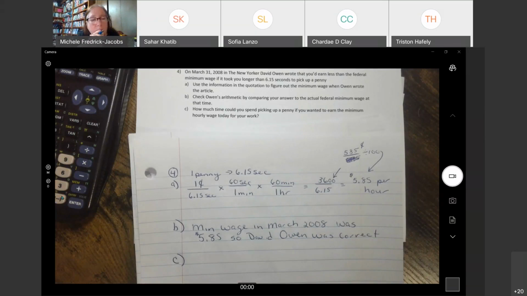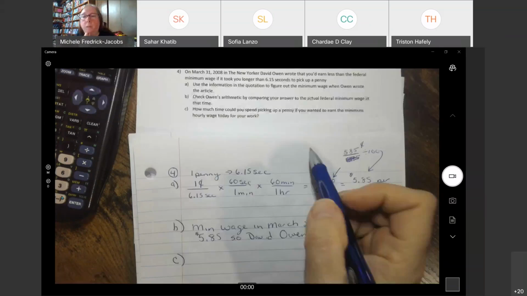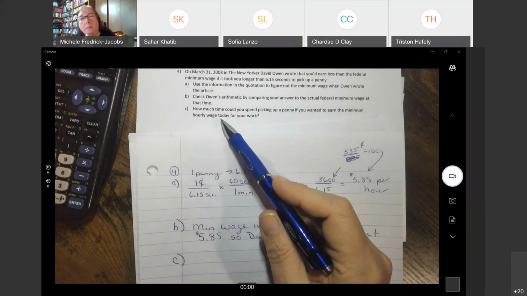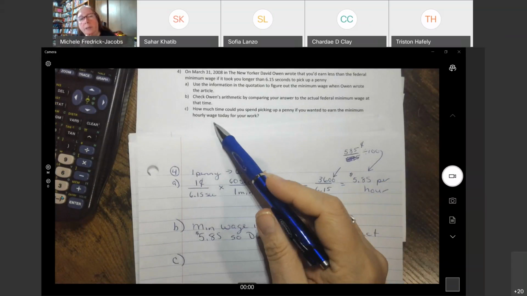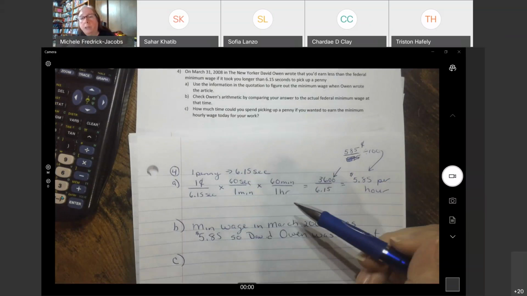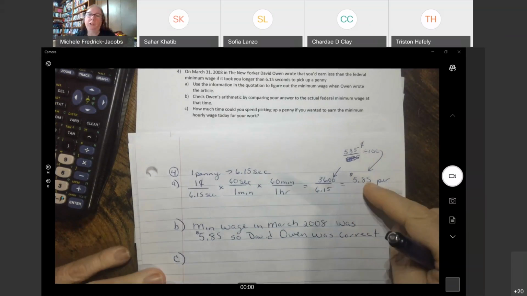Based on the wording, if you pick up a penny within 6.15 seconds, you would make minimum wage here, yes. But they said the current hourly wage today, so we have to use today's minimum wage. So you're kind of taking minimum wage and going backwards.